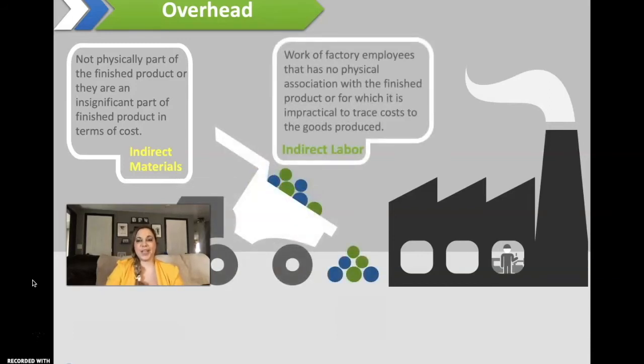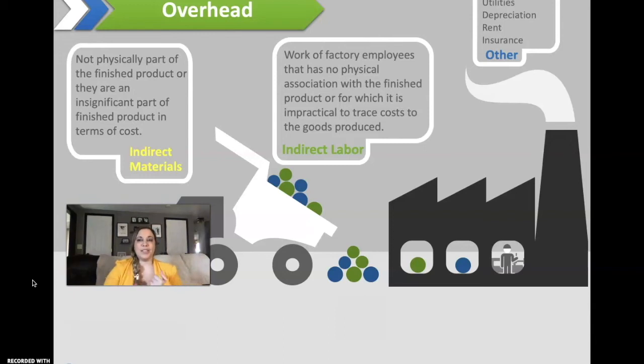Okay, so indirect labor, same concept. So basically, the direct labor are the employees who work directly on the product themselves. So the indirect labor would be everyone else. It could be management, it could be the security staff, the cleaning crew, anyone else who works for the company but not directly on the product. Okay. And also, like I said, all other costs associated with the factory itself.